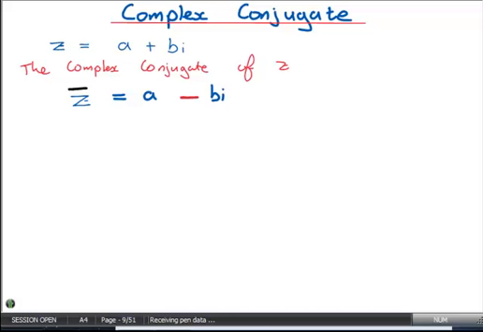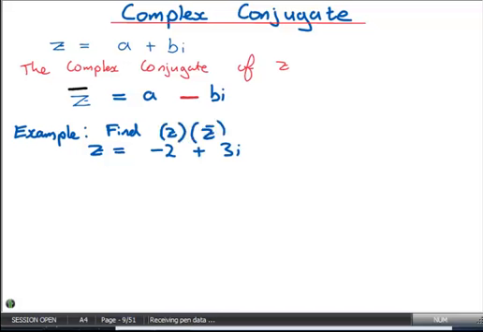Now this seems quite easy, I suppose, but I just want to show you how this works in action. So I'm going to do a quick example. If z is equal to minus 2 plus 3i, find z times the complex conjugate of z.